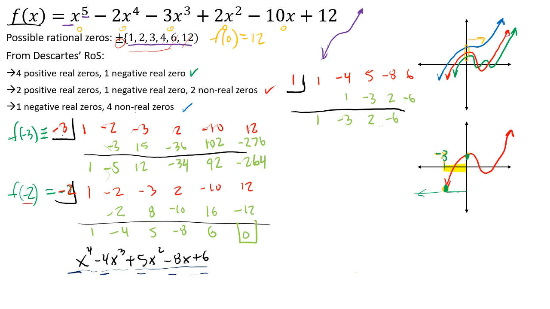So this new condensed polynomial would be x cubed minus 3x squared plus 2x minus 6. All right, we tried 1 and it worked. Let's try 2. We'll use these coefficients now: 1, -3, 2, -6, and we're trying 2 here.